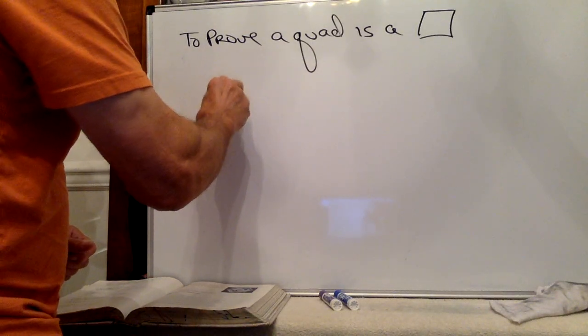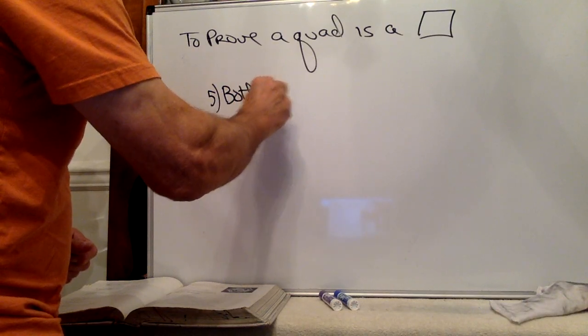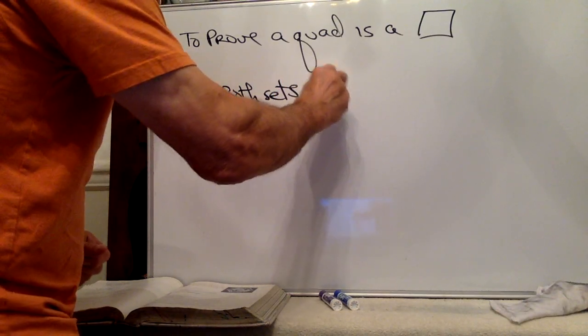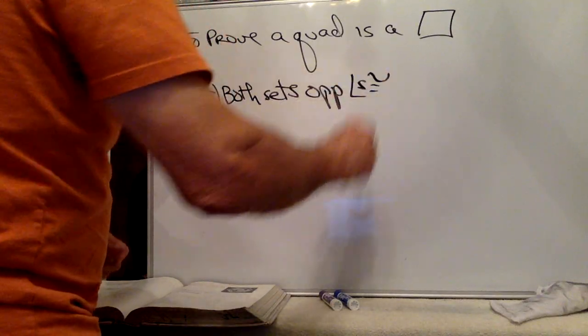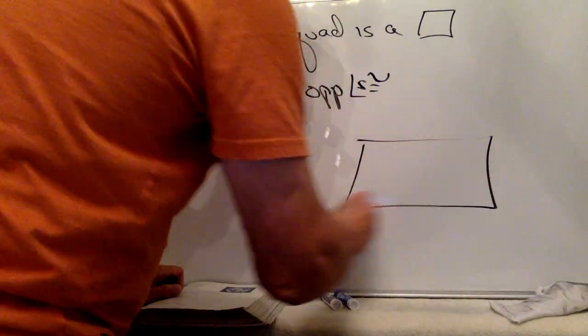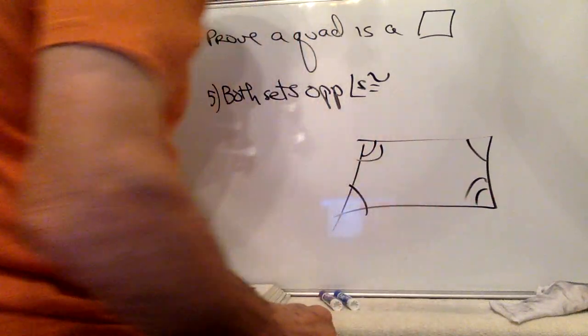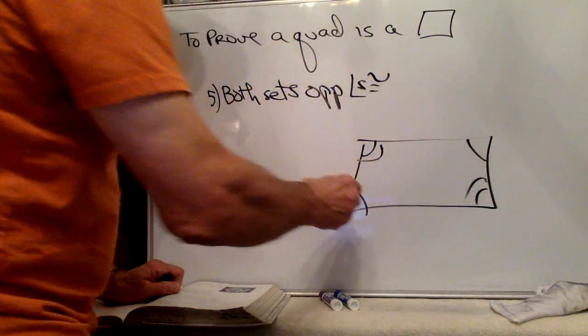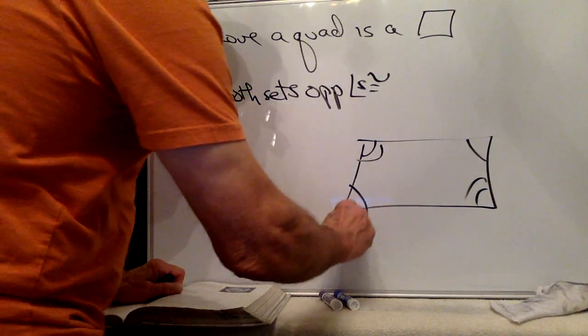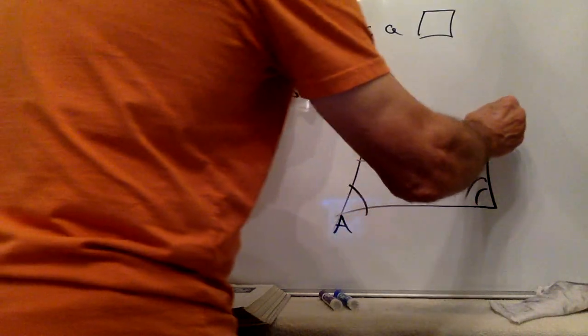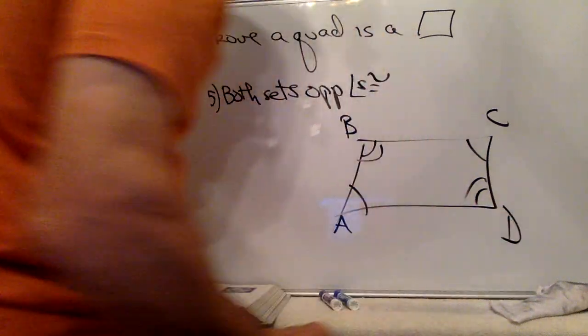5 says, if I have a figure where both sets of opposite angles are congruent. Again, excuse the drawing. It's a cruddy drawing.